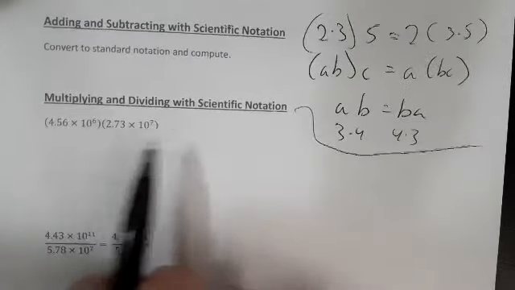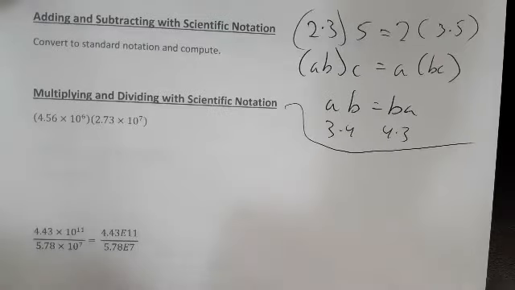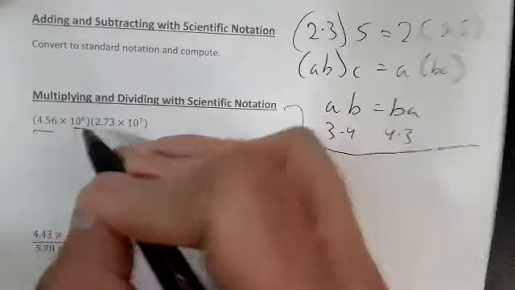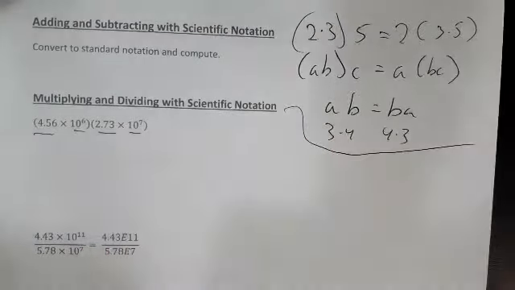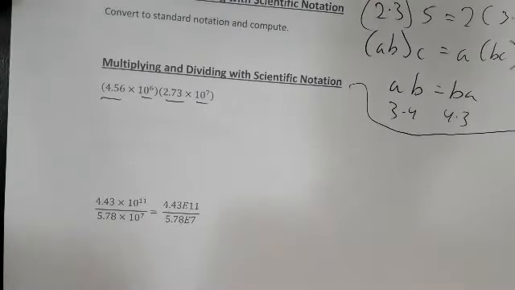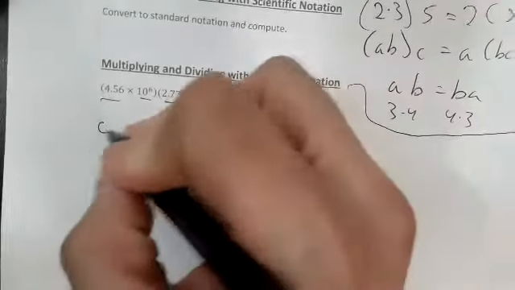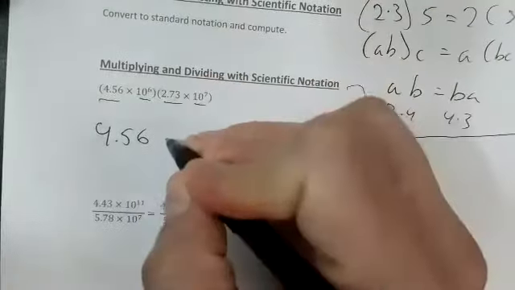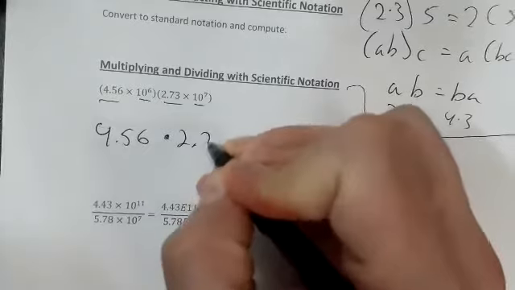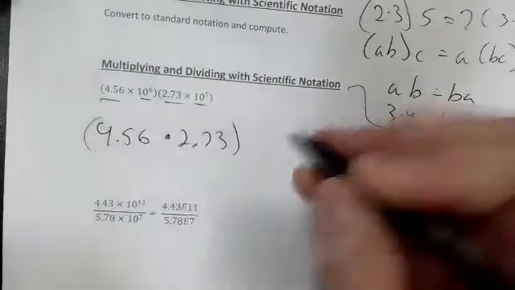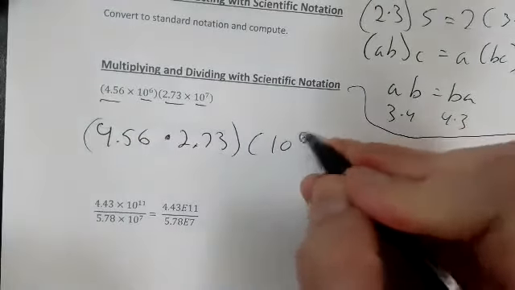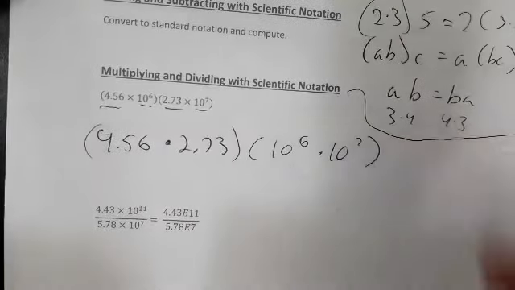It doesn't matter what these parentheses are in. Everything here is being multiplied. There's this thing, this thing, this thing, and this thing. There's 4 things getting multiplied here, so it really doesn't matter what order we write them in. We get 4.56 multiplied by the 2.7, and the 10 to the 6 and the 10 to the 7 sorted together.